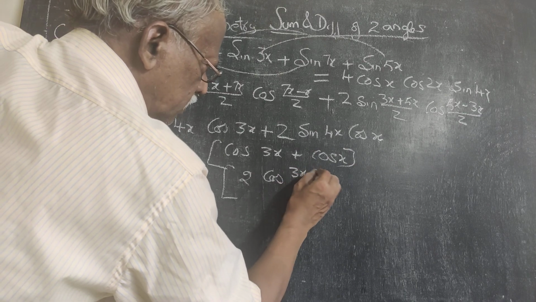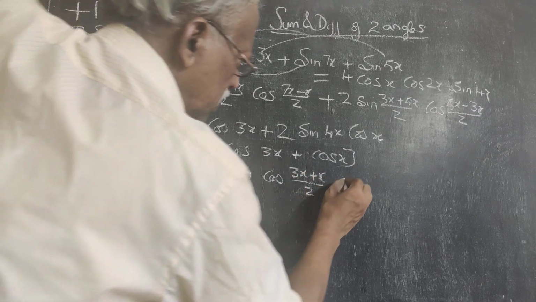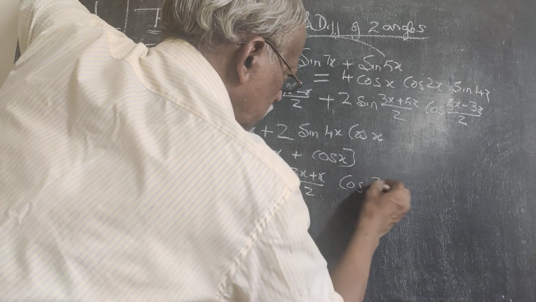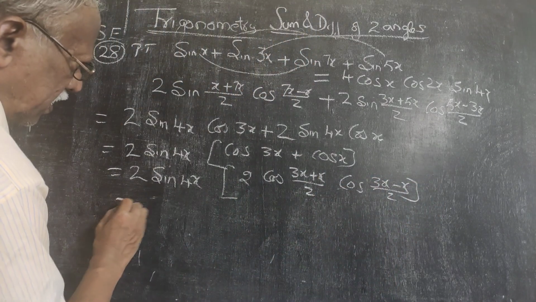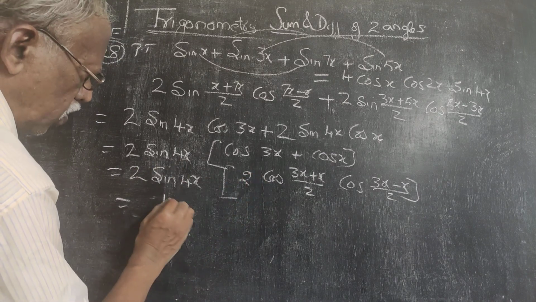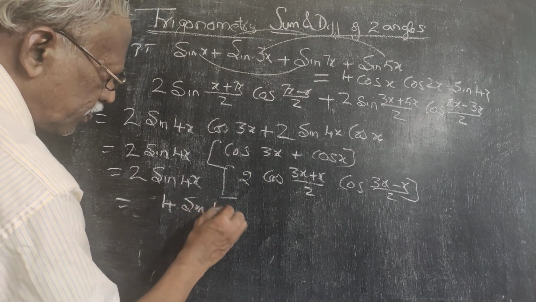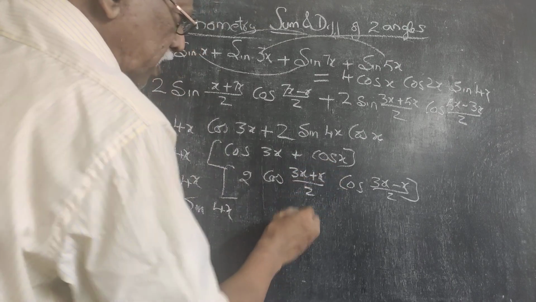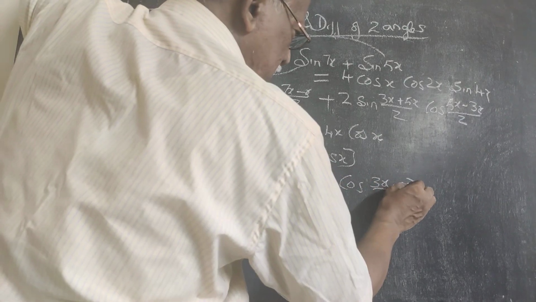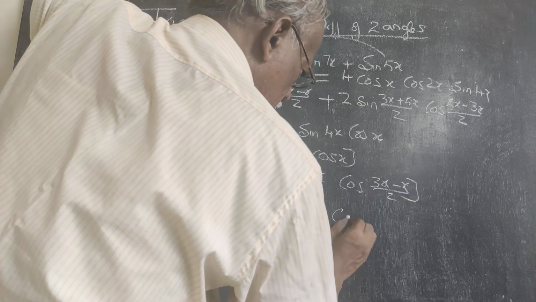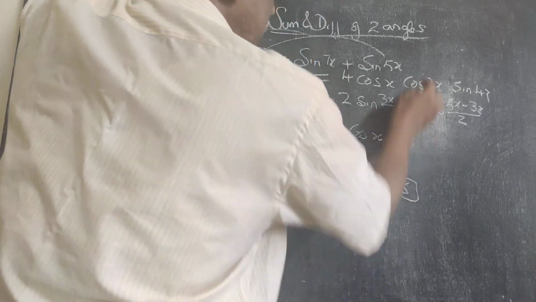So 2 cos ((3x plus x) by 2), and again cos ((3x minus x) by 2). The result is that here is 2, here is 2, so this is 4 times sin 4x. 3x plus x is 4x, 4x by 2 is 2x. 3x minus x is 2x, 2x by 2 is x, so cos x. I think we got the answer.